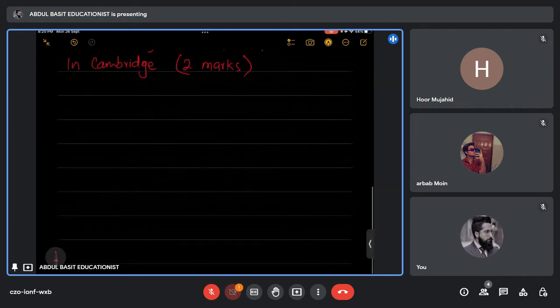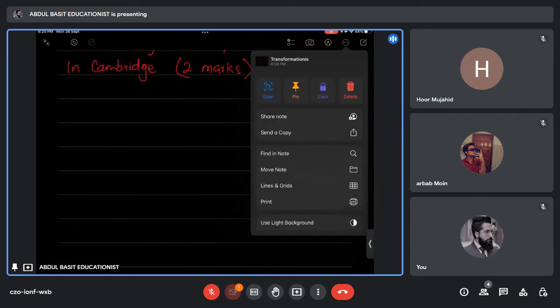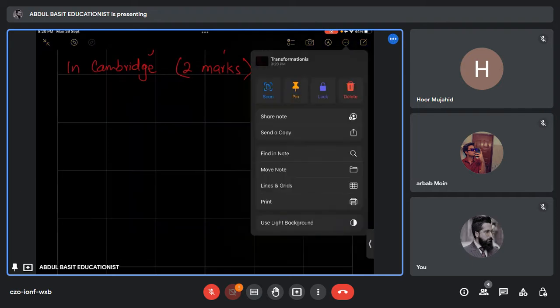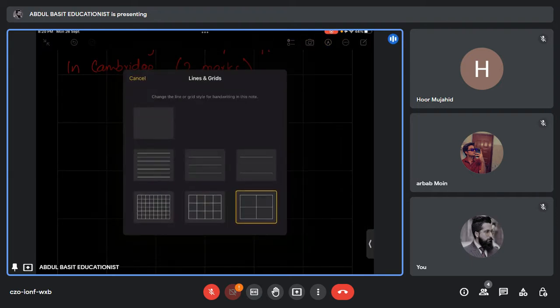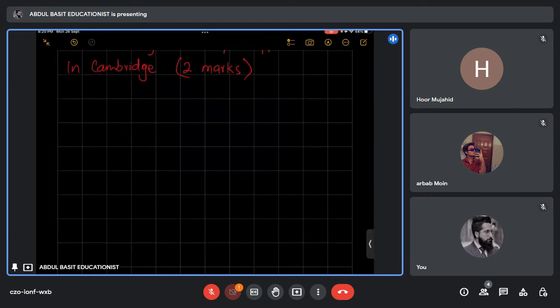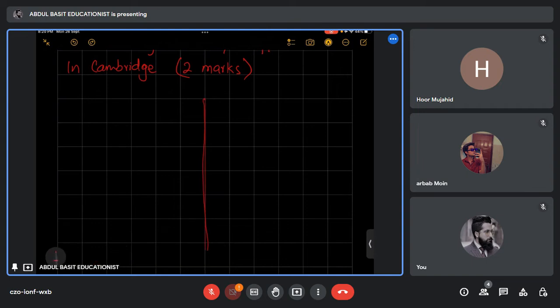For example, in a Cambridge examination, there will be a grid available to you. It's a grid right in front of you, and I'm going to draw it. This is the y-axis, and this one is the x-axis.